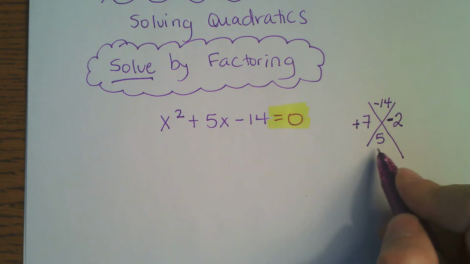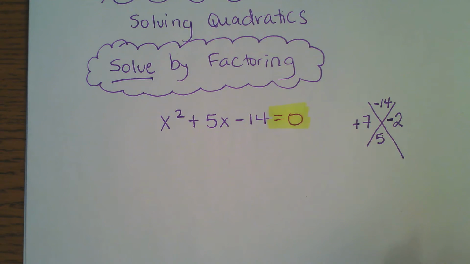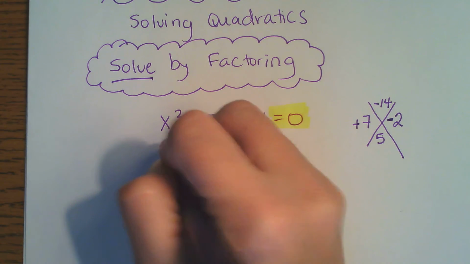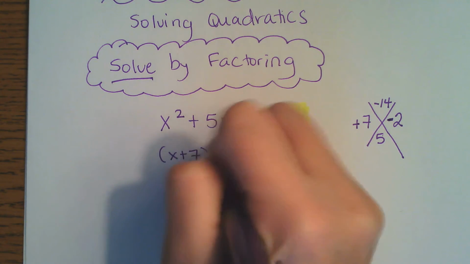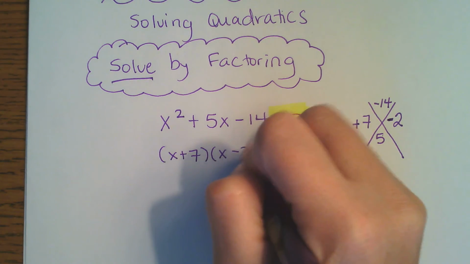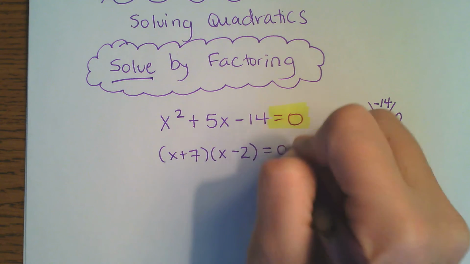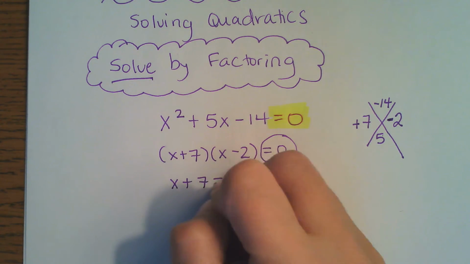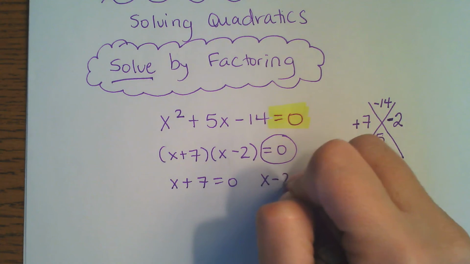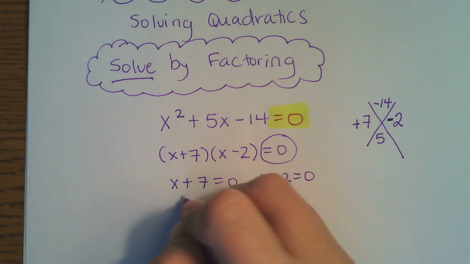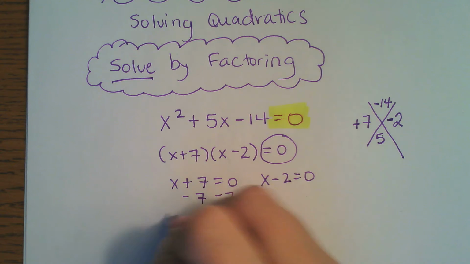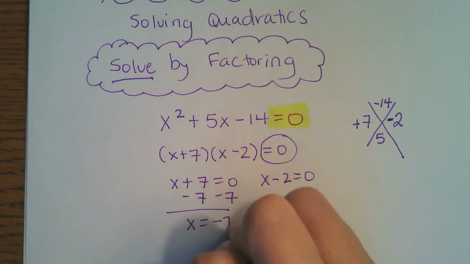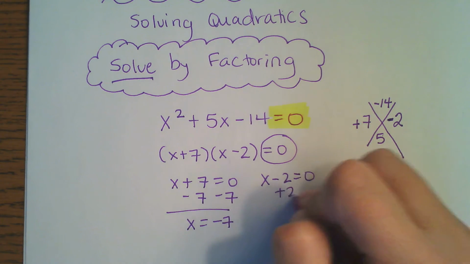And the positive goes on the bigger number because that number at the bottom is positive. X plus 7, x minus 2. So we will still have to set that equal to 0 and solve at the end to get our answers. So we get a negative 7. And a positive 2.